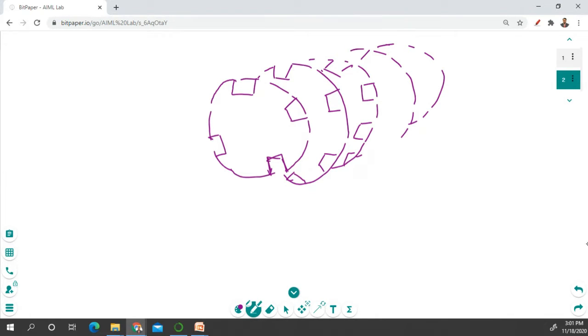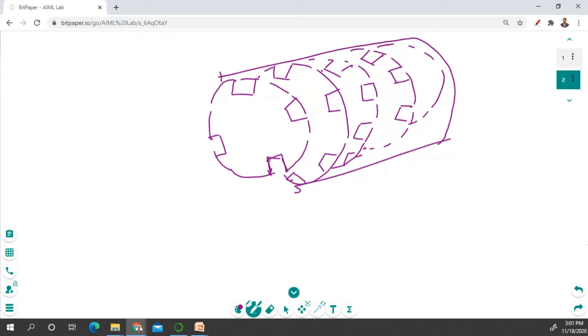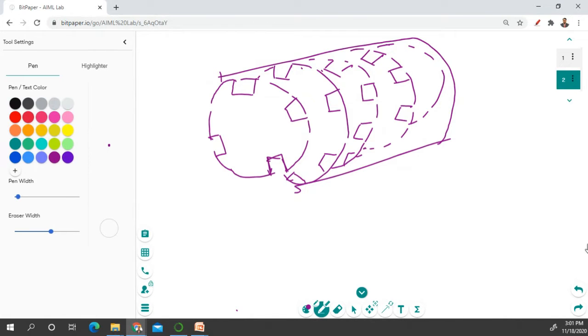I am showing these plates with some gaps, but in reality they are all connected together with some stamping and lamination. You can use lamination right here to join these plates. These two plates are joined together, and these two, and these two.